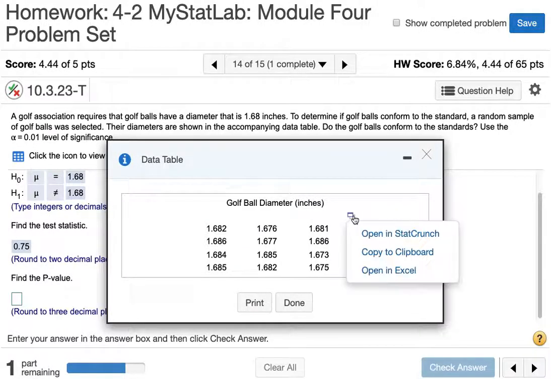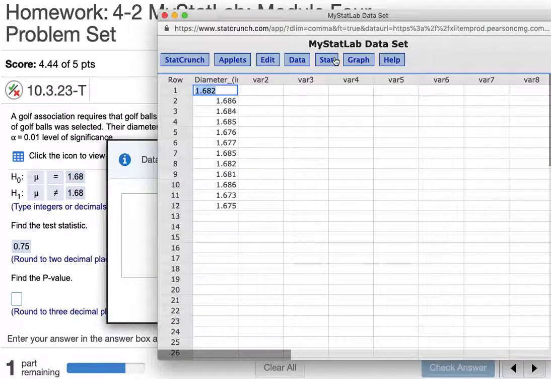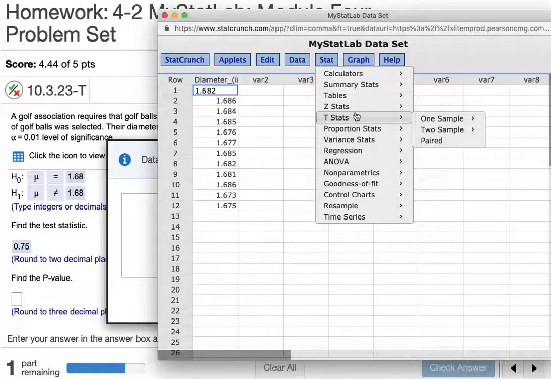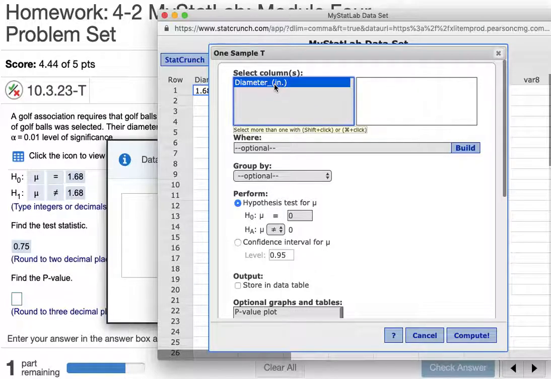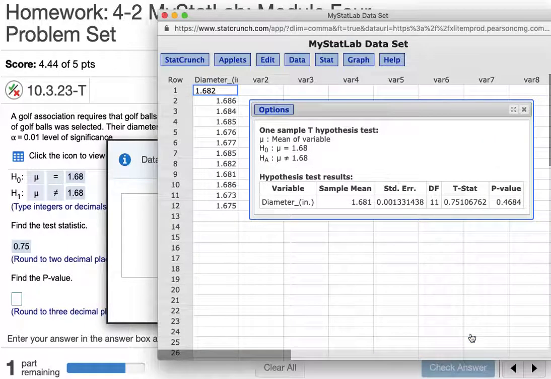I think I lost it, so I will open it up again and put the information in. So we go to Stat, T-Stats, one sample with the data, and then we select the column that has the data, the diameter in inches, and then we have 1.68 inches for them all, and that the population mean is equal to 1.68, and then the alternative hypothesis is that it does not equal 1.68 inches.